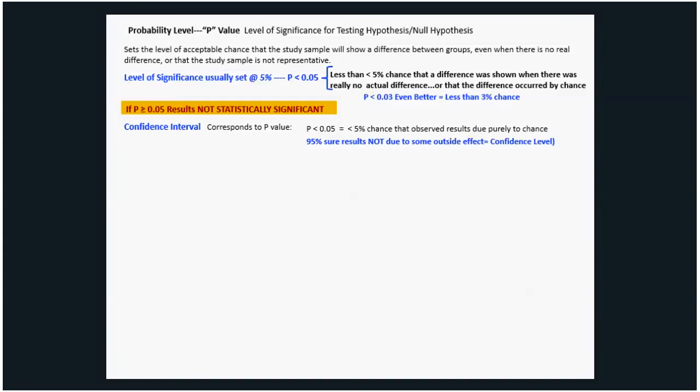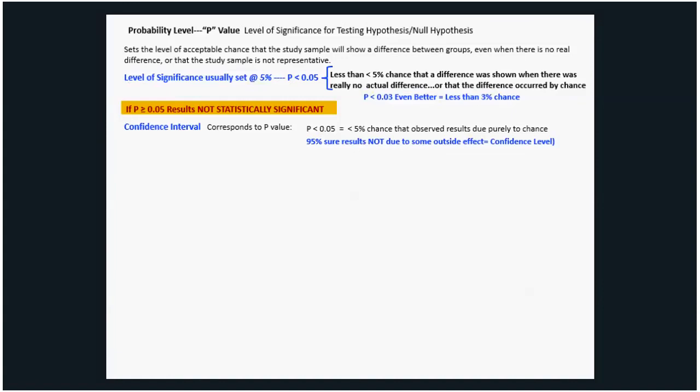And again, the lower probability that you get, the better your research looks, because basically what you're saying is there's less than, say, a 5% chance, or if you set it at 0.03, less than a 3% chance that something outside of your research parameters affected your results. So there's less than a 5% chance that something else interfered with your research and you got these results not due to your research parameters, but to some other outside or external element that had an effect on it.